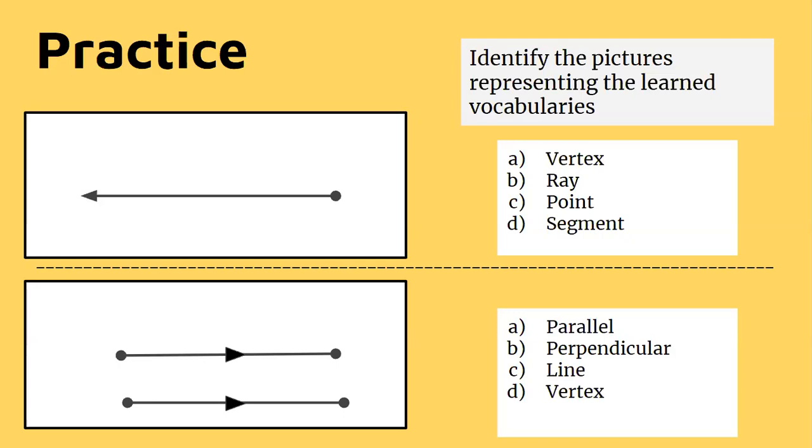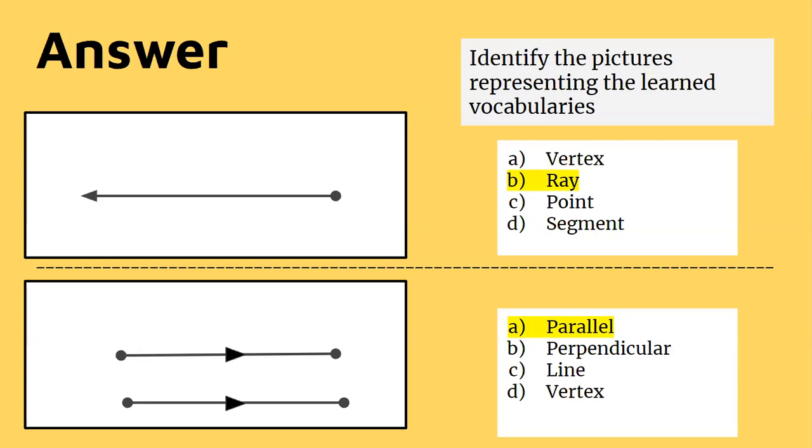All right, welcome back. So the answers you all have been waiting for are here. The first problem, the answer is ray, because there's a point right there, and then a line stretching in one direction forever. And the next problem, the correct answer is A, parallel.